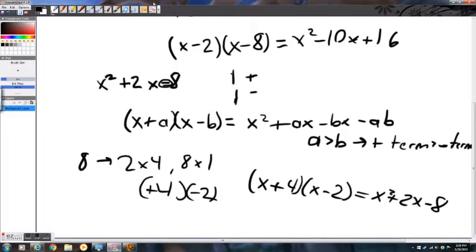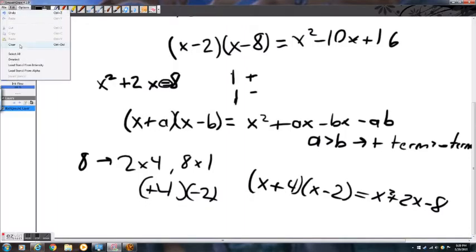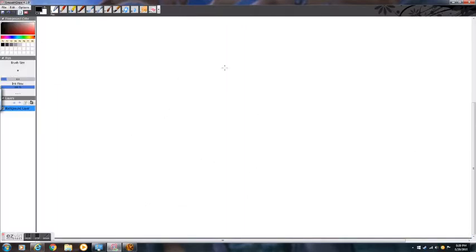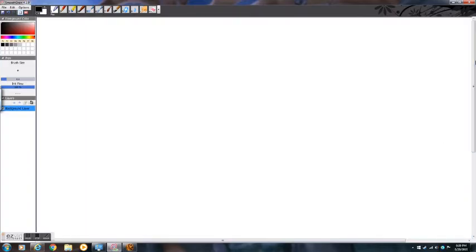Now, let's try x squared plus 9x plus 18. For this one, again, because this is positive, they have the same sign, and because the middle term is positive, they're both positive.